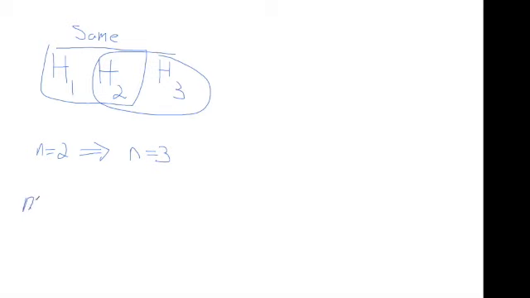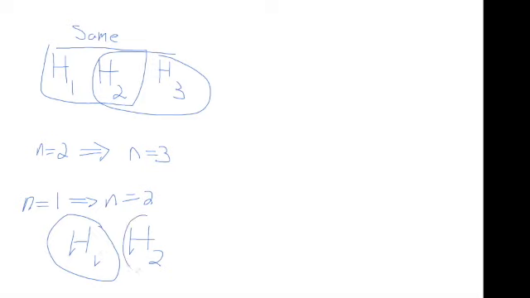But if you think about how we can make this jump from n equals 1 to n equals 2, well, now I've got 2 horses. And I could say, okay, by induction, let's take a look at this one. All of the horses in this set have the same color. And now let's consider this one.